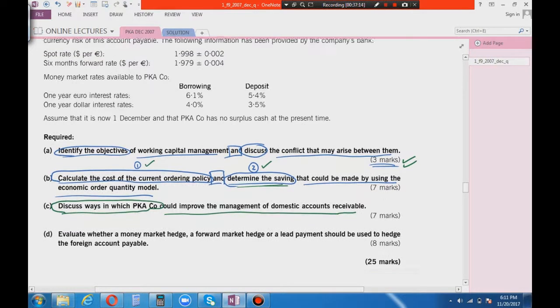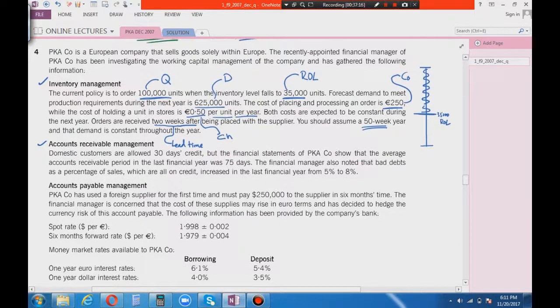So if you see, we are given information on receivables over here in the second paragraph, and it says domestic customers are allowed 30 days credit, but the financial statement of PKA shows that the average account receivable period in the last financial year was 75 days.